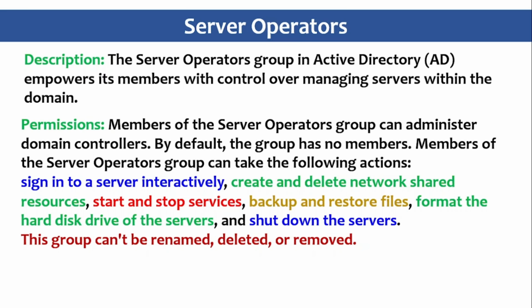By default, the group has no members. Members of the server operators group can take on the following actions. Sign on to any server interactively, so you can just RDP into the server with MSTSC and interactively log on to any server. Create and delete network shared resources. Start and stop services, back up and restore files, format the disks, and shut down the server.